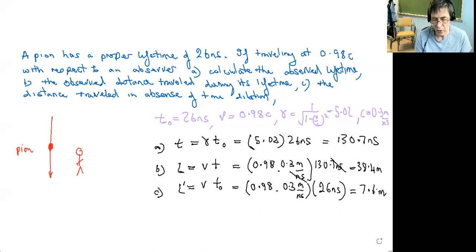The event here would be, say, the birth of the pion, the creation of the pion, and a second event would be the disappearance, the decay of the pion. And so different observers, for example, somebody in the pion's frame of reference or somebody in the Earth's frame of reference, would measure different elapsed times between the creation and the destruction of the pion.